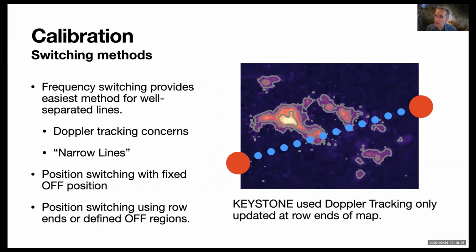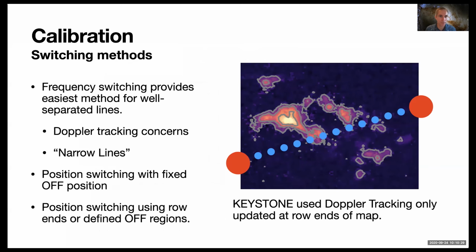Just stepping through a few of the steps that these progenitor surveys have given us in terms of guidance, one thing that we faced a development on with regards to Argus 144 would be how we're actually doing our calibration and switching. We talked a lot about the frequency switching methods so far. That works especially well for narrow spectral lines like what we would see in these galactic science cases.